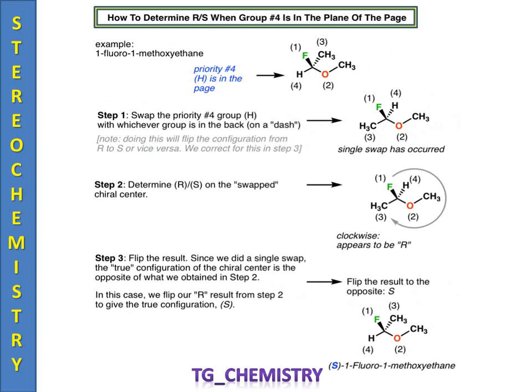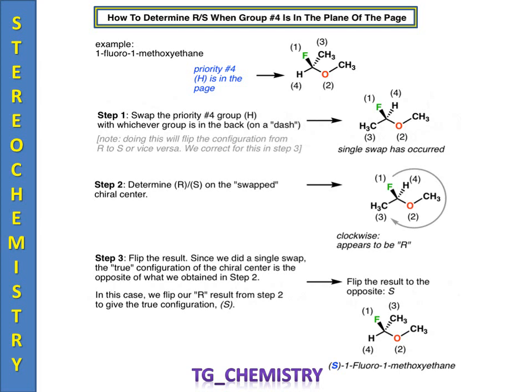Another option is how to determine RS when the fourth priority group is on the plane of the page. We take an example of 1-fluoro-1-methoxyethane. Here you can see the fourth priority group hydrogen is on the plane of the page. There are 3 steps for this one.